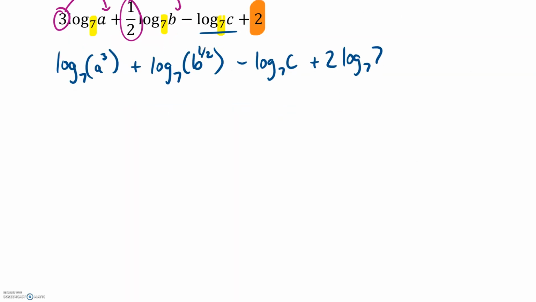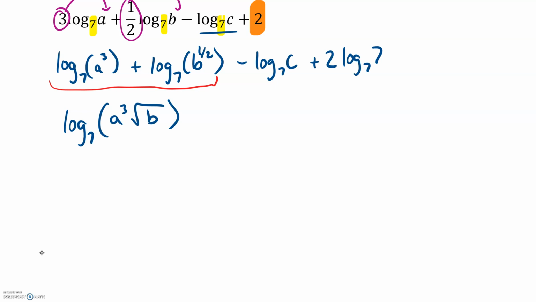So let's see what we can do next. Next, I want to combine these first two using the product rule. This will become log base 7 of a cubed. And now b to the 1/2, let me write that as the square root of b, because that's sort of a nice form for that to take. I'm going to leave the next thing alone, log base 7 of c. And I'm going to change this.